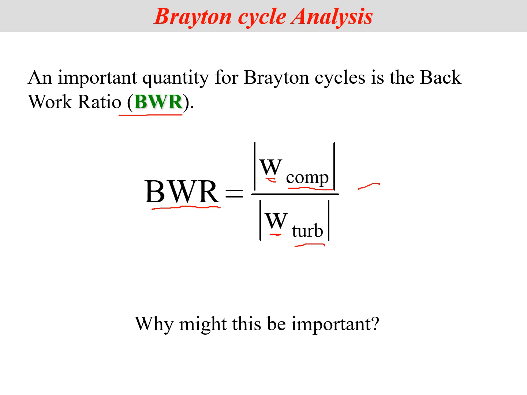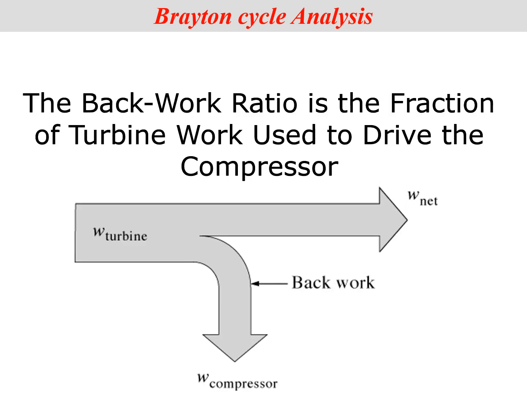This ratio has to be lower than 1, because if this ratio is greater than 1, then the turbine will not sustain its operation, right? If the turbine is not producing enough power, then the system will eventually stop. So this ratio has to be lower than 1. You can see that when we produce power from the turbine, some of the power is consumed back in the compressor and the rest is obtained at the end of this shaft.